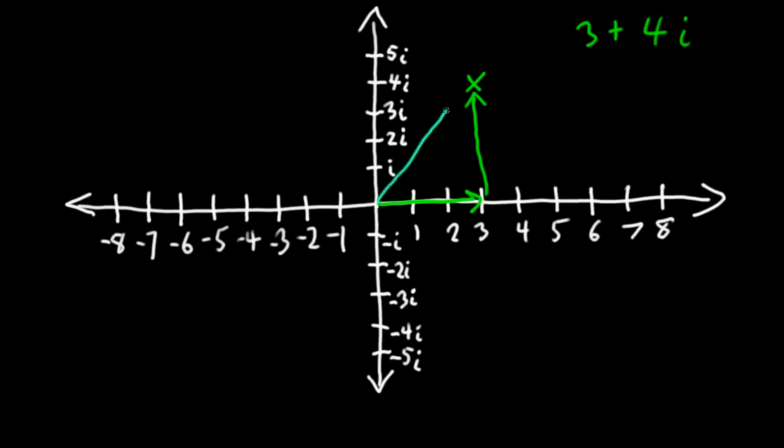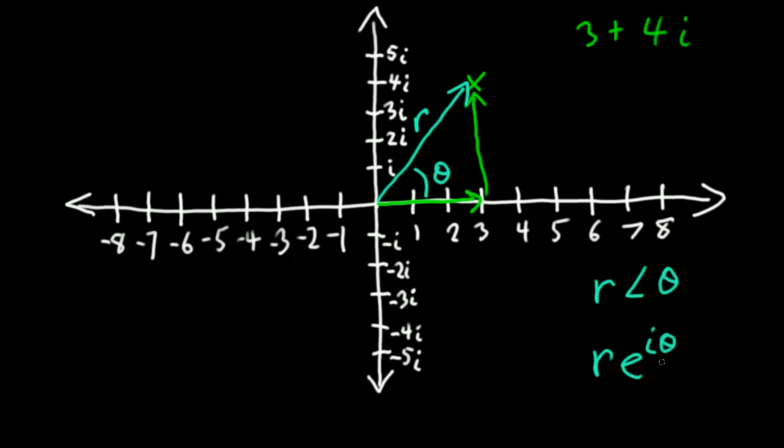Now, another way that people sometimes represent complex numbers is in polar coordinates. They tell you what the distance from the origin is. You might call that a radius, or r. And then they'll tell you what the angle is. I'll call that theta, from the positive real axis. And sometimes people notate this as r at an angle of theta. But really that's just shorthand for r times e to the i theta.